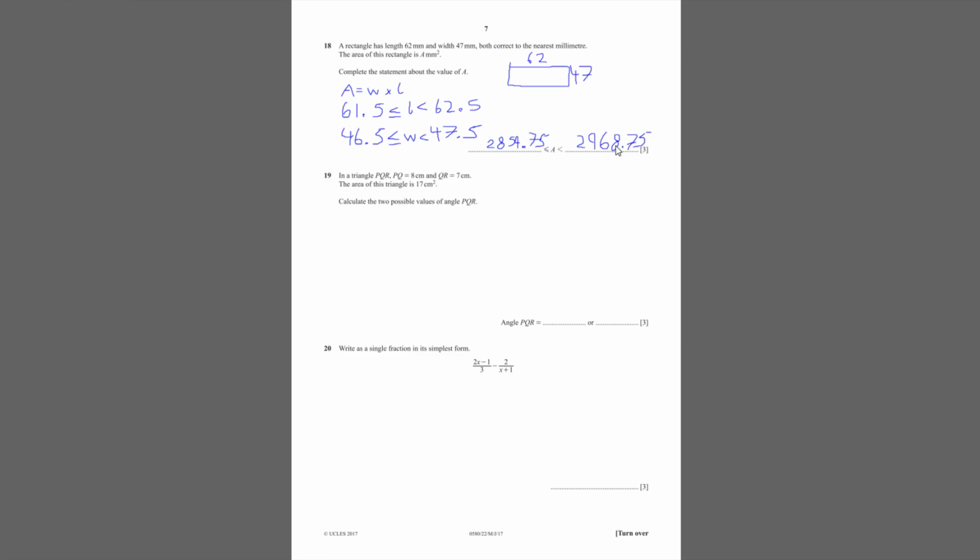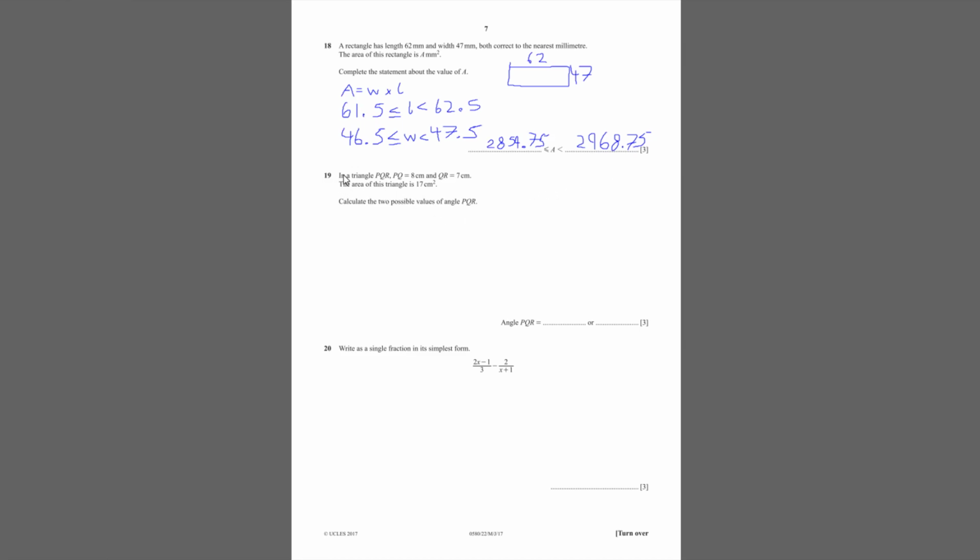And that is our final answer to question 18. 2,859.75 is less than or equal to area, which is less than 2,968.75. Our area should be located right in the middle of these two values.